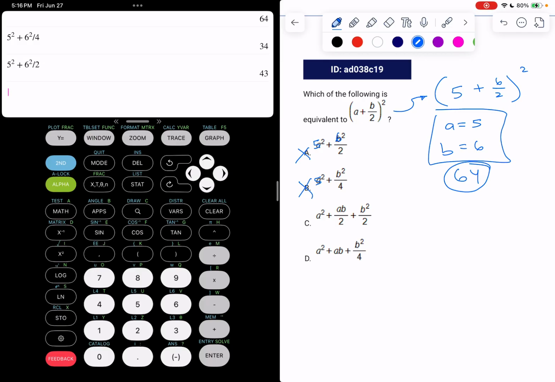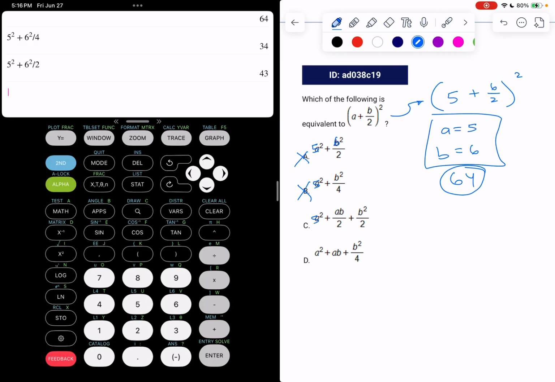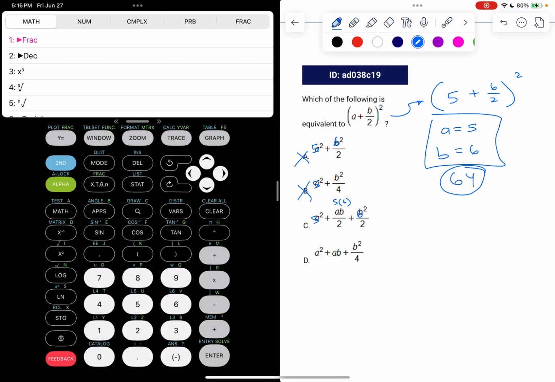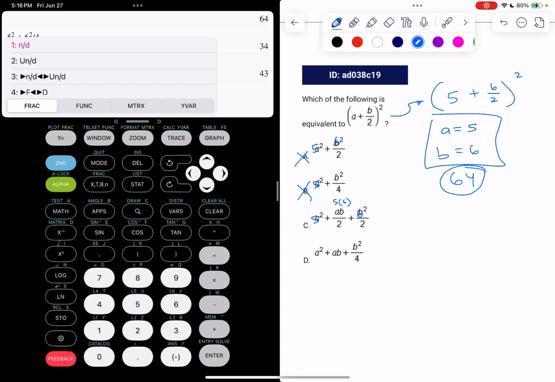So let's try the next guy. We have 5 squared, and this will be 5 times 6 over 2, and then that will be 6 squared. So let's try this here. We have 5 squared plus, let me grab my fraction. I'll have 5 times 6 in the numerator and 2 in the denominator, and then plus 6 squared over 2.